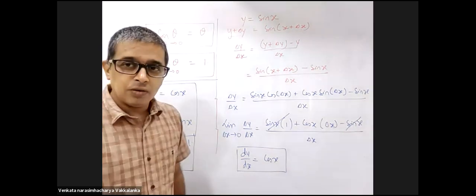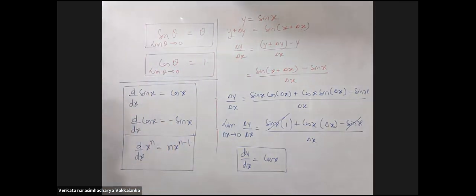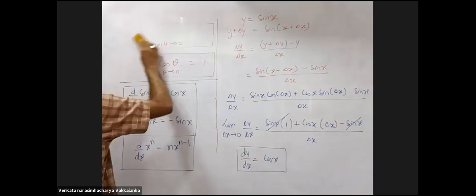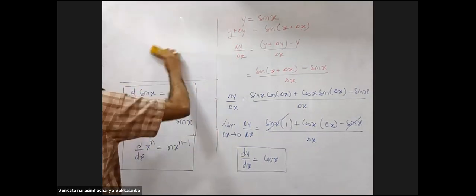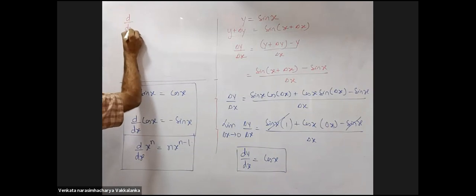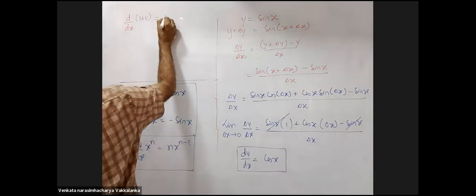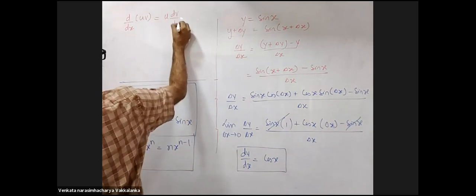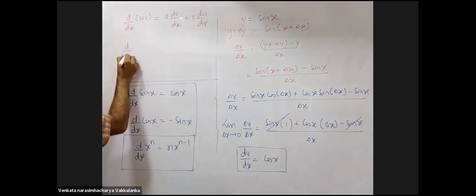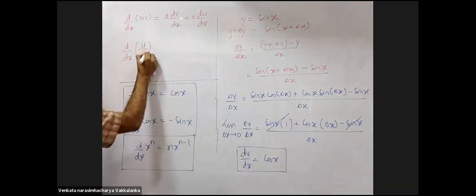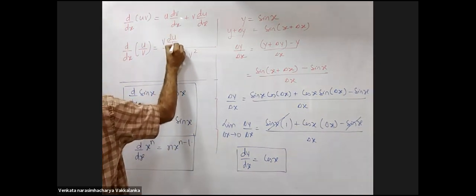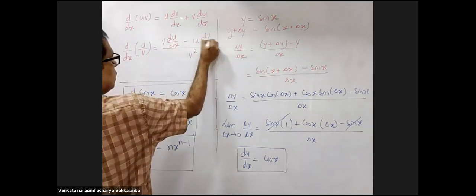So four formulae you know till now. Can I rub the upper part of the board here? Now these four formulae will be the base on almost all the problems you solve. d by dx of u into v is u into dv by dx plus v into du by dx. d by dx of u by v is v du by dx minus u dv by dx, all over v square.